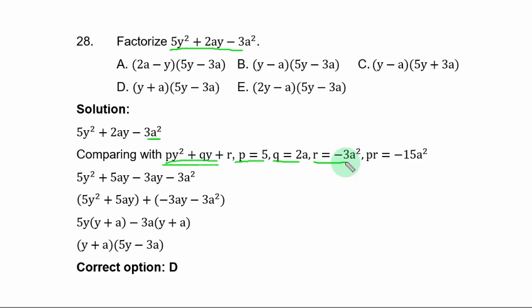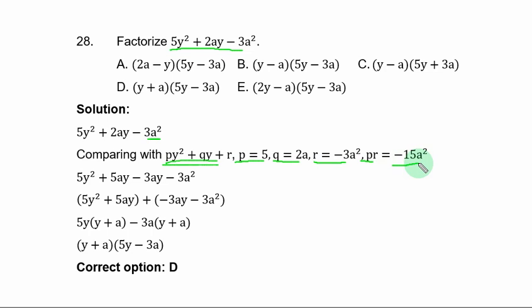a is not equal to 1. Sorry, p is not equal to 1. You need to get AC, which is now p times r, and that is minus 15a squared.